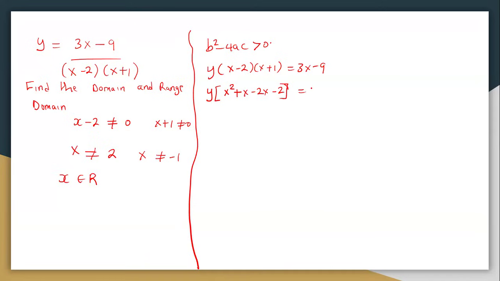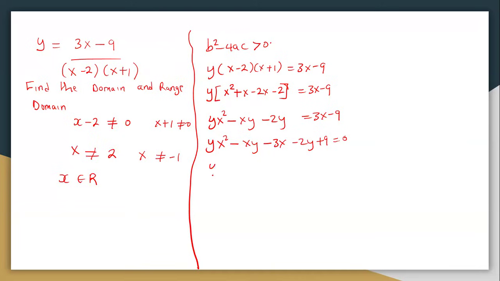So this will give you yx squared minus xy minus 2y equals 3x minus 9. You collect like terms: yx squared minus xy minus 3x minus 2y plus 9 equals 0.